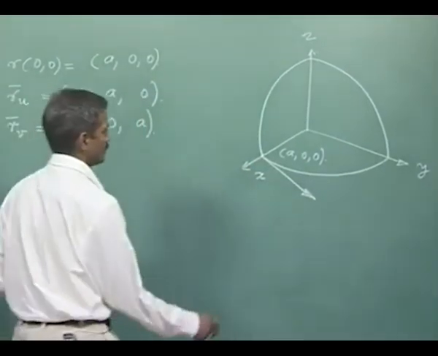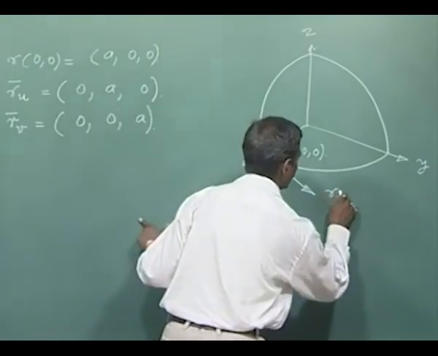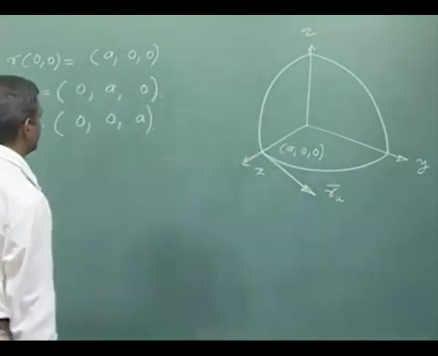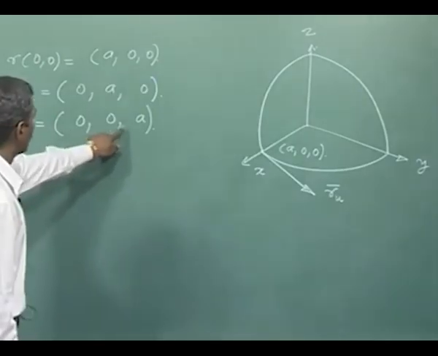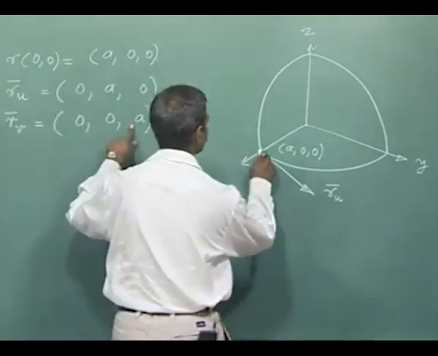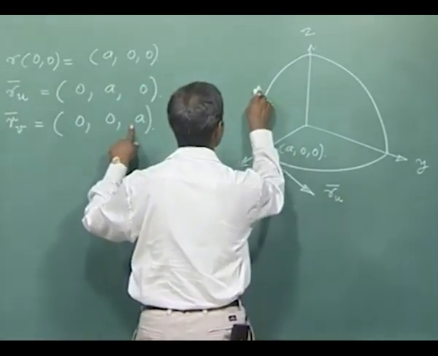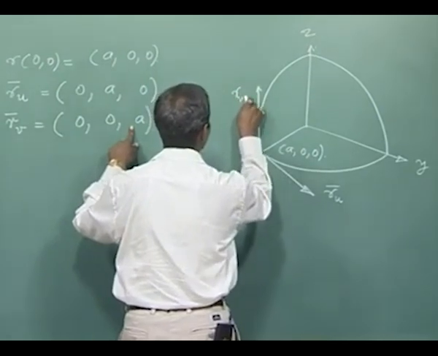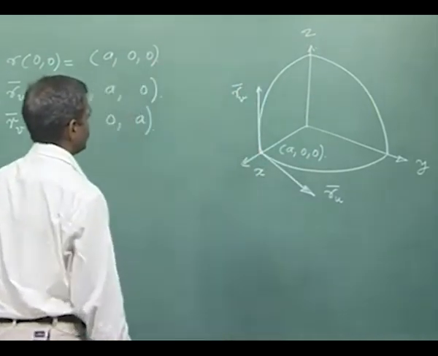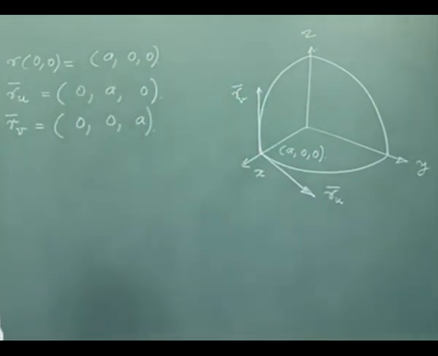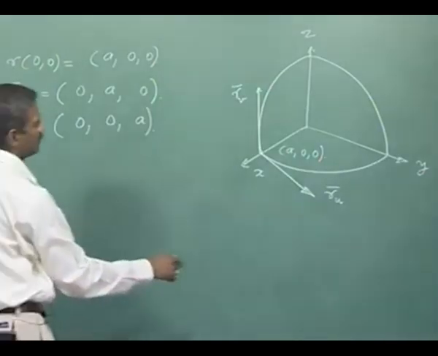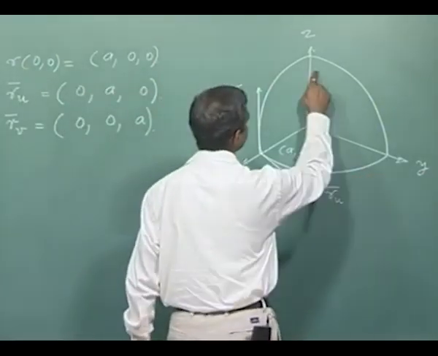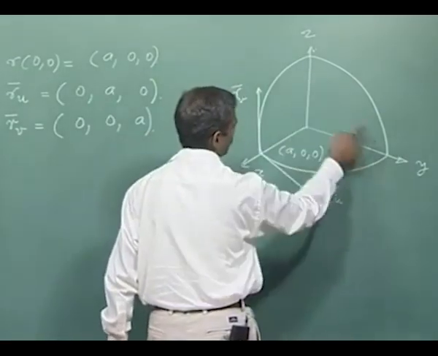This is r_u. The second tangent r_v will be along the z direction. Clearly, the tangent plane will be the y-z plane geometrically.